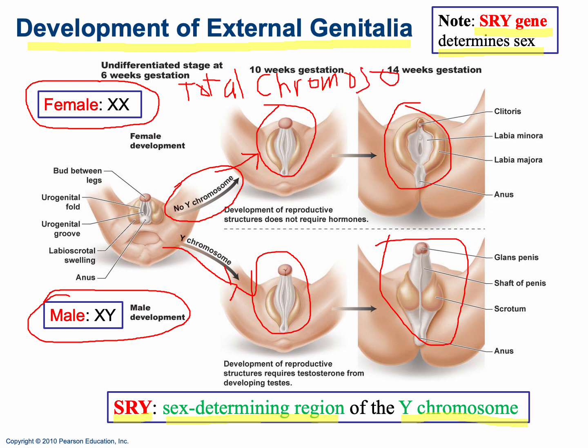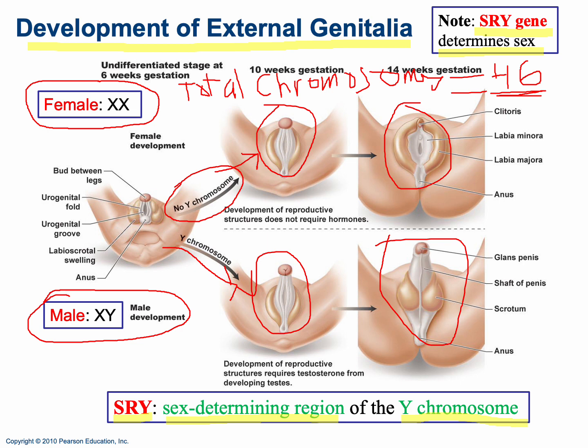Only the best. Ultimately, the answer would be 46. So 46 is the total amount of chromosomes found in a human being.